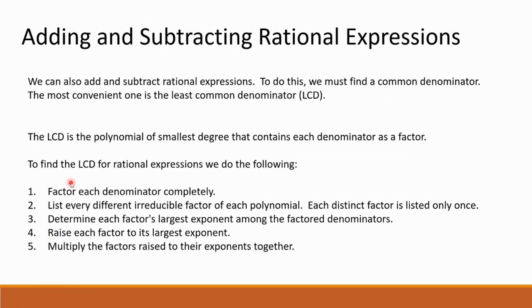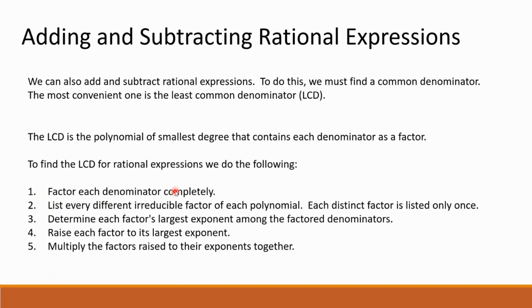By definition, that's the polynomial of smallest degree that contains each denominator as a factor. To find it, I have this process here. You factor each of the denominators completely.